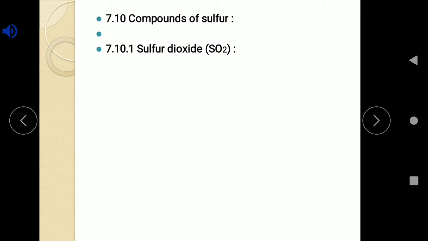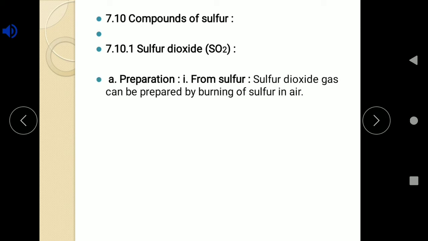Now, we are going to learn about sulfur dioxide and sulfuric acid as compounds of sulfur. The same way as we learned about oxygen and ozone, we follow the same five steps. Firstly, methods of preparation, physical properties, structure, chemical properties, and uses. So let us start with sulfur dioxide.